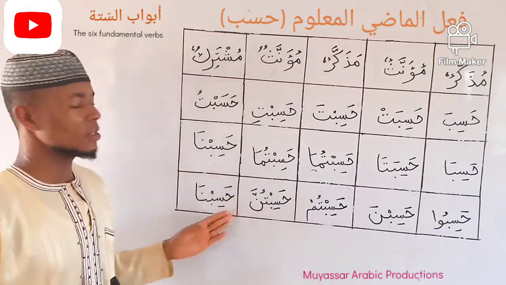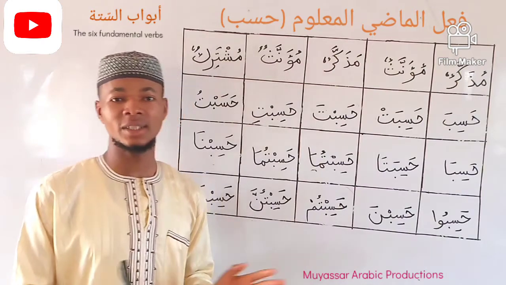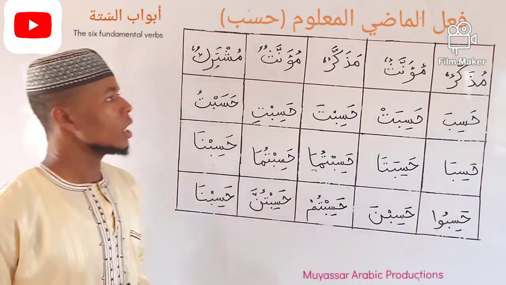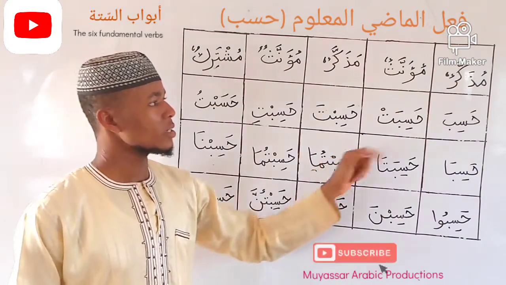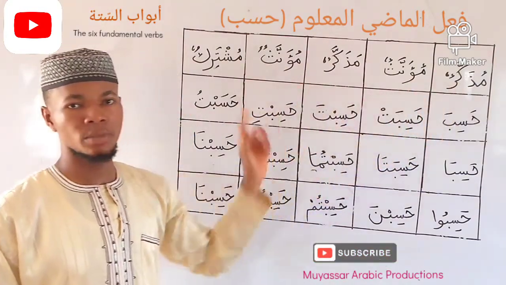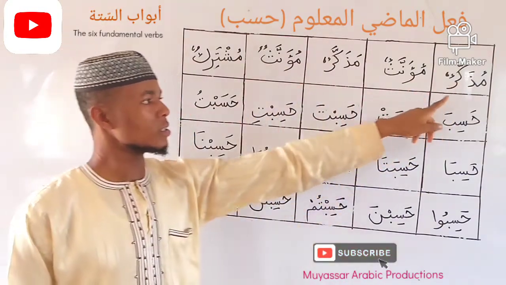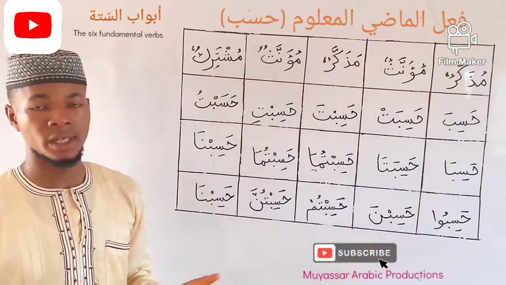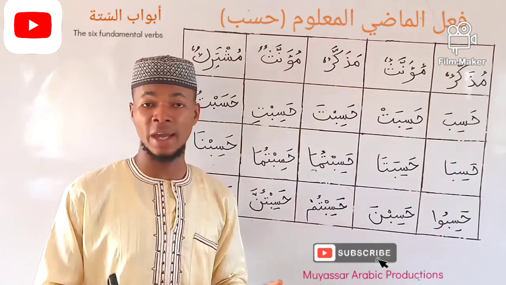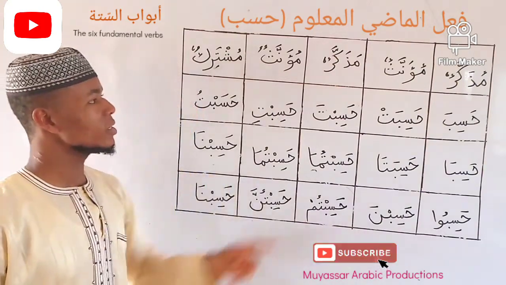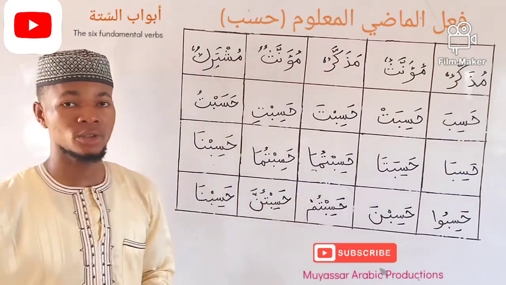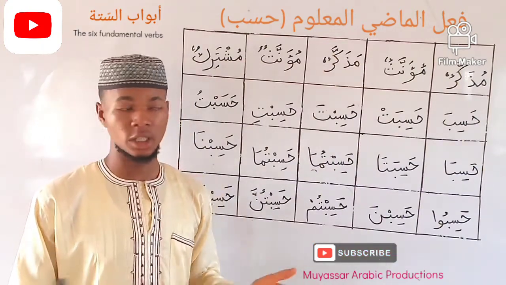Now, here is a table that we have made for the analysis of this verb hasiba. This table, as you can see, is divided into 3 major parts. The first is the mudhakkar, that is the set of verbs that are referring to the masculine gender. Then the second is mu'annath, that is the set of verbs that are referring to the feminine gender.